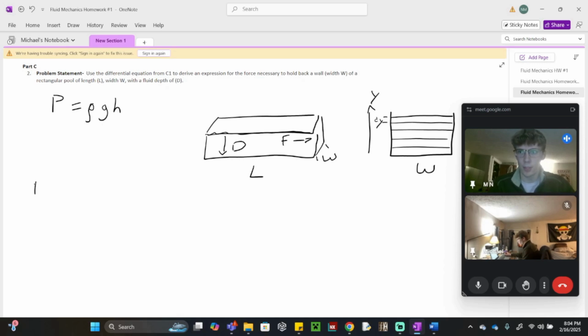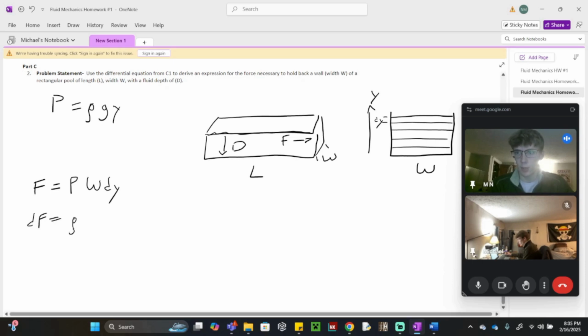So our force would be equal to P times some area, because remember pressure force is pressure times some area, and our area in this case would be W dy. And in this scenario, I'm going to use y instead of h. So pressure would be equal to rho g y. So we have dF equals rho g y W dy.